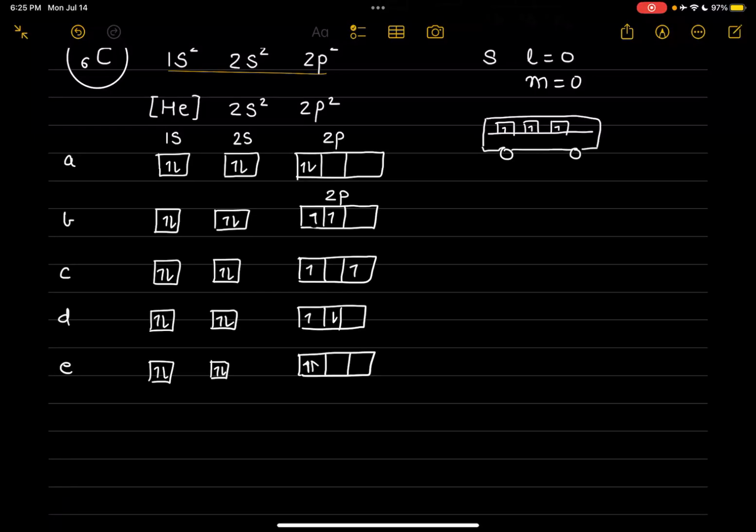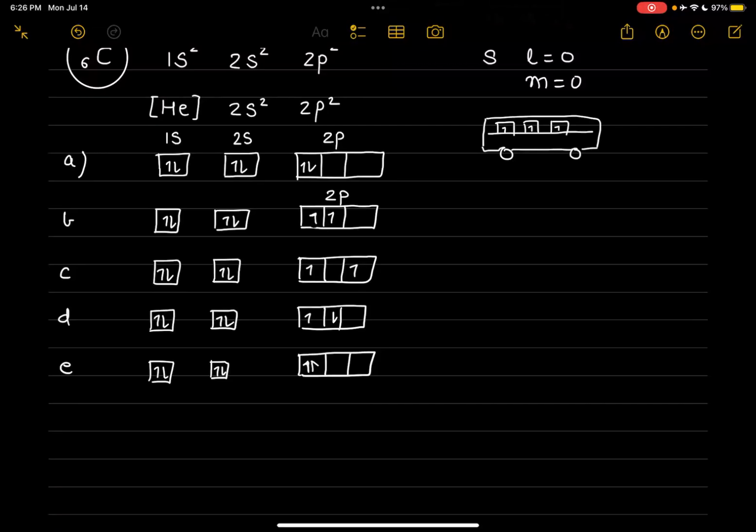So, is the first option correct? Is option A correct? Because in carbon, I put the 4 electrons, then the fifth and sixth electron. What I did, I'm putting these last two electrons in the orbitals belonging to the 2p subshell, and the 2p subshell has multiple orbitals, as you know. 3 orbitals are there.